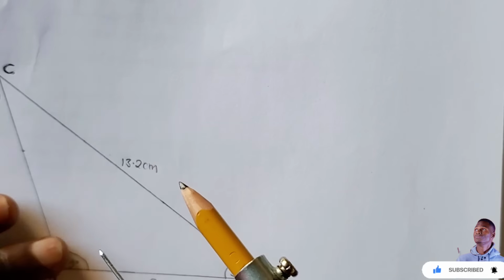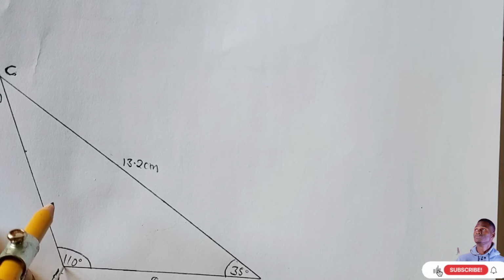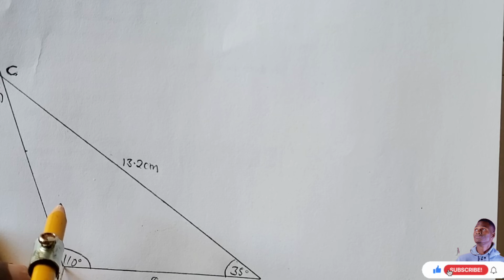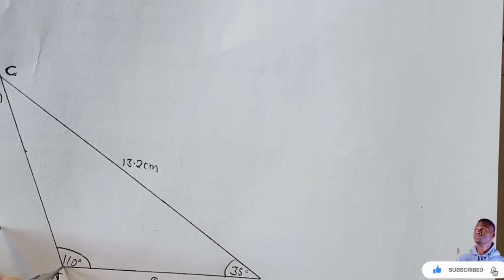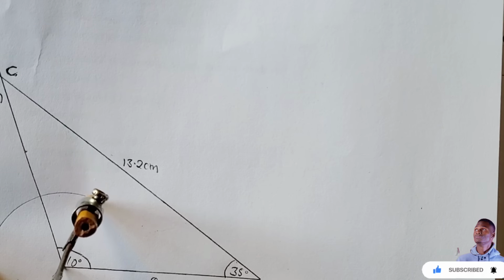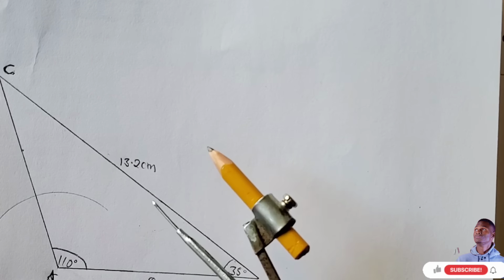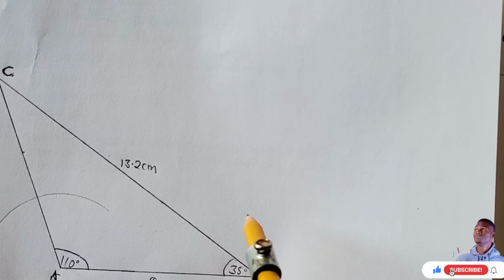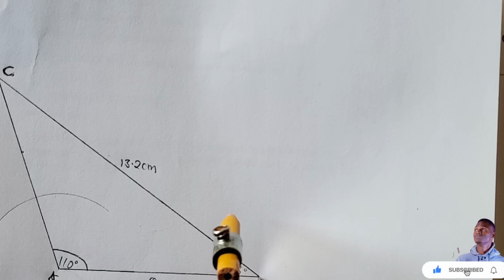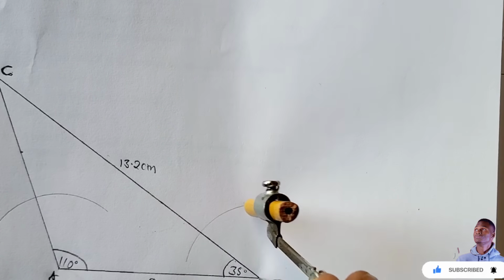So since it's AB, you put it at A first, then strike an arc on the line going to C. With the same measurement of 3 centimeters, put it at B and do the same. Strike an arc.